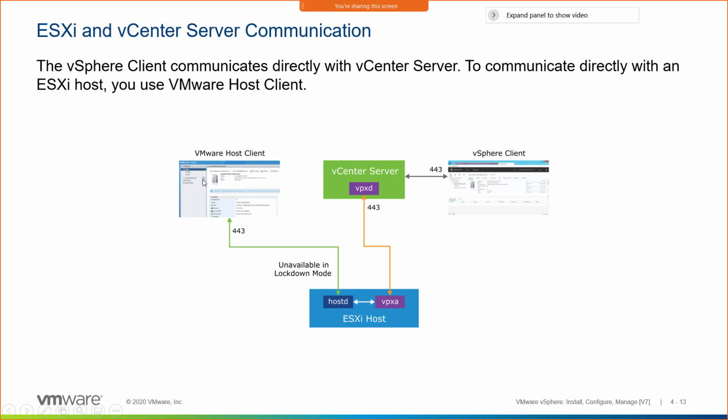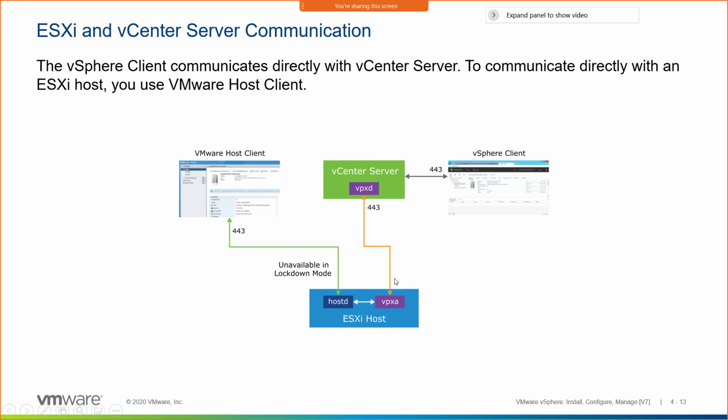This is just if you haven't deployed the vCenter. There's an agent, or a daemon, called VPXD. On behalf of vCenter Server, the VPXD agent talks to an agent that lives inside the hypervisor called VPXA.